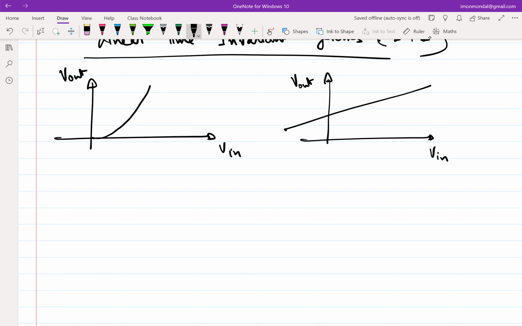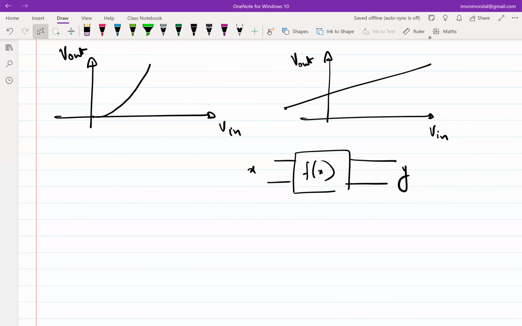Linearity is additivity and homogeneity, which essentially means that if f transforms x to y, then for an input x1 it gives y1, and for x2 it gives y2.